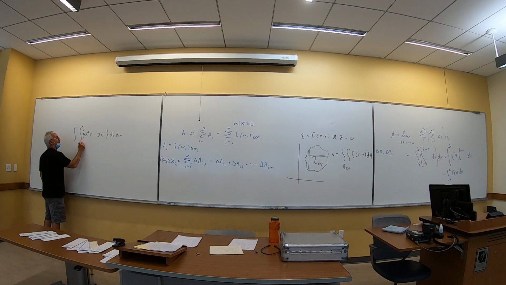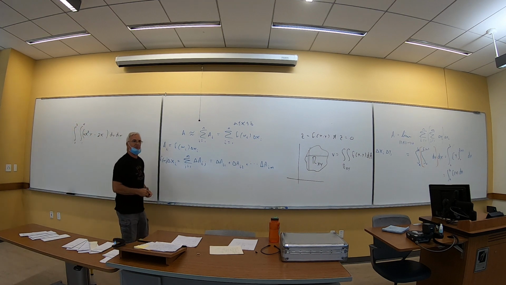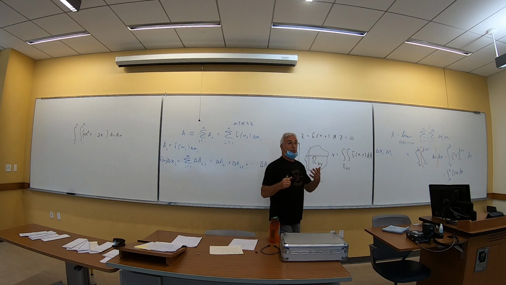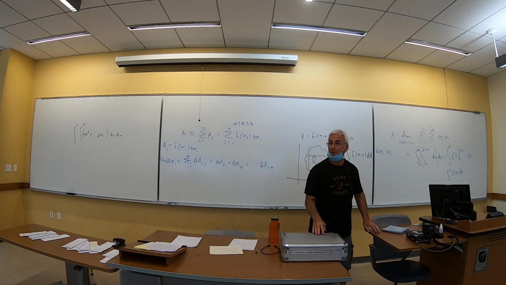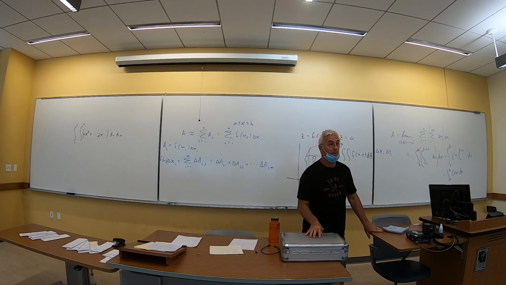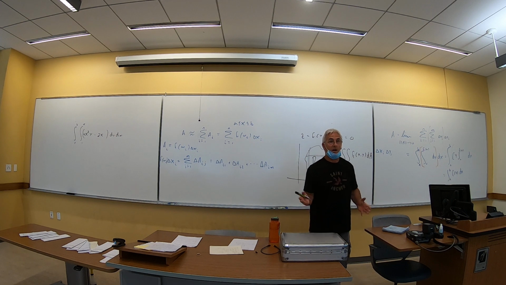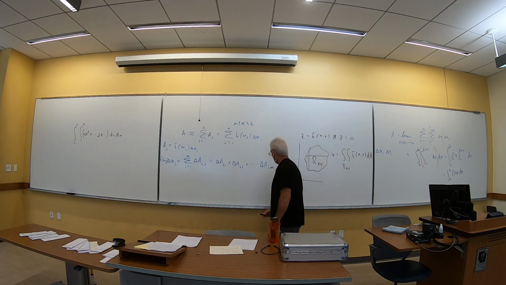Y is going to range from 1 to x, and x is going to range from, let's say, 2 to 3. This doesn't have to represent anything. I could work backwards and say it represents a volume, and there would be nothing wrong with that. But I just want to evaluate this. So it's the how.